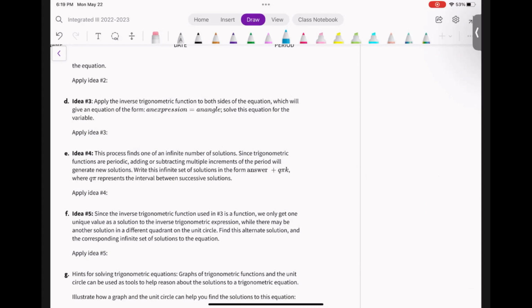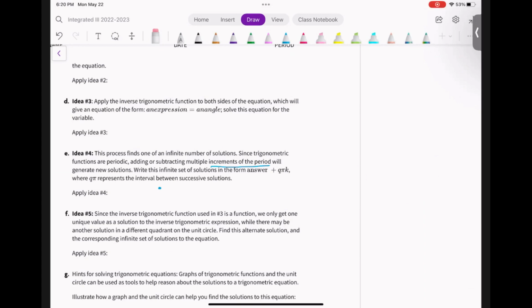Right? This infinite set of solutions is of the form answer plus q pi k, where q pi represents the interval between successive solutions. It said something very important here: increments of the period.